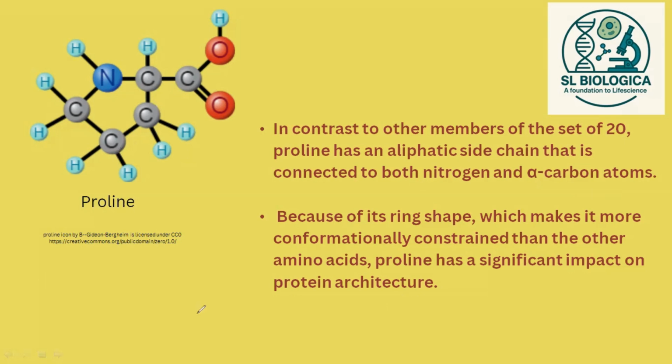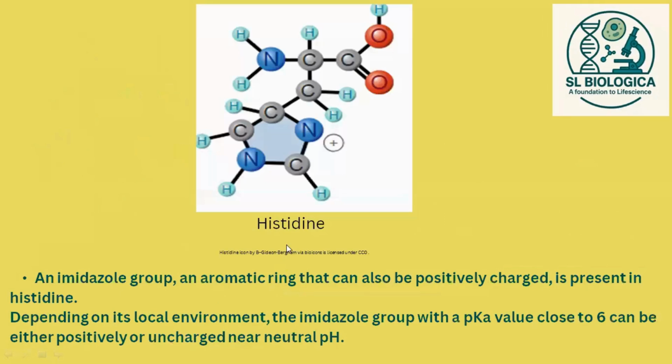Then we will discuss the next amino acid, histidine. Histidine has an imidazole side chain. Okay, an imidazole group, an aromatic ring that can also be positively charged, is present in histidine. This histidine imidazole side chain has a pKa value that is close to 6, or it can be neutral.